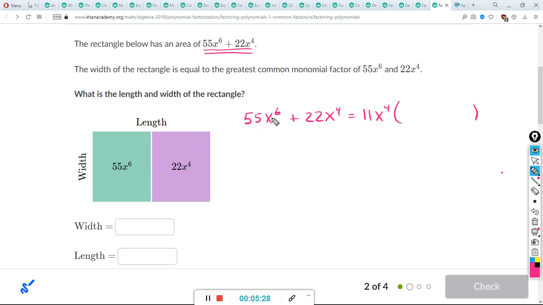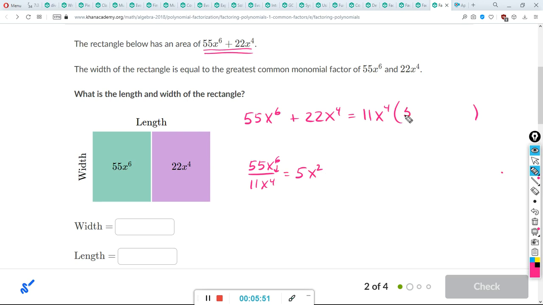If we do 55x to the 6th divided by 11x to the 4th, we know 55 divided by 11 is 5, and x to the 6th divided by x to the 4th, remember, you just subtract the exponents. 6 minus 4 is going to be 2.